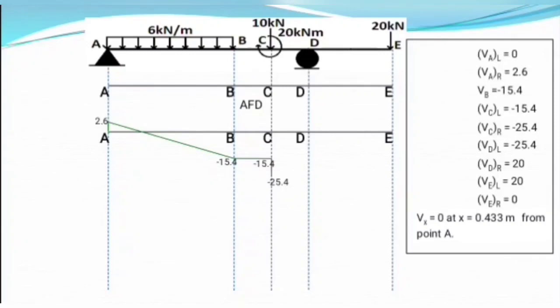Now at just left of D it is again minus 25.4. So we plot just as before. It is also minus 25.4. We are just joining those lines and points, and at just right of D we have positive 20.